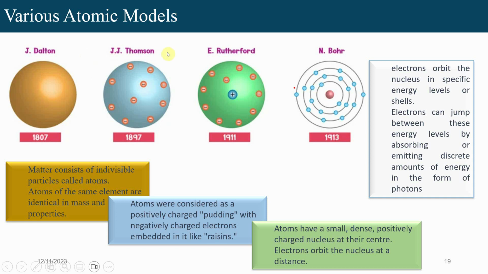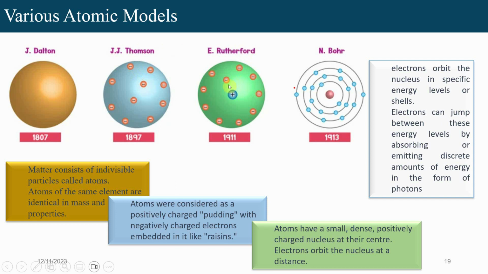In 1911, Rutherford put forward his atomic model and proposed that the atom has a small, dense, positively charged nucleus at its center, and the electrons orbit the nucleus at a distance.